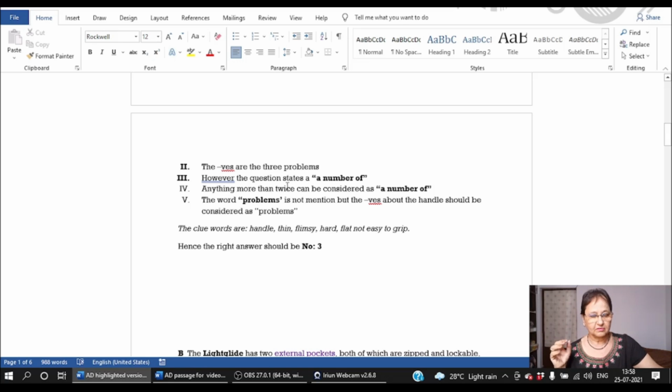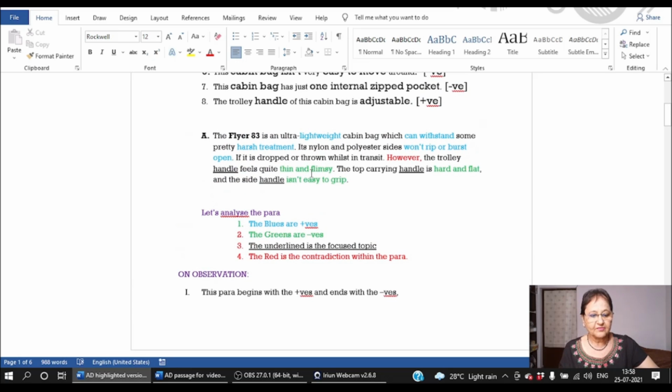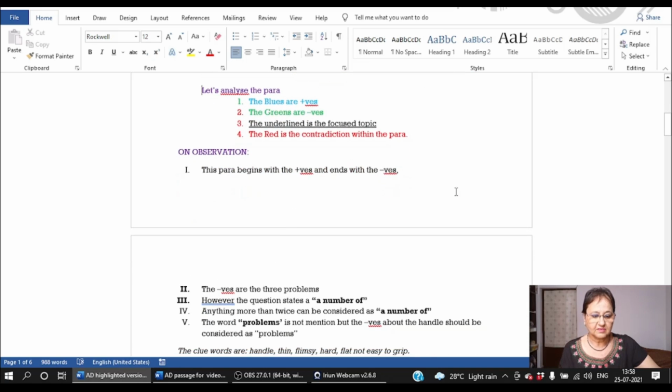No doubt about it. So, if I say a number of people came to my house, it definitely means I got more than 2 people in my house. Okay? So you have to get to the point that a number of is referring to the number of negatives which are in the passage. And how many negatives we have? We have 1, 2 and 3. That's thin and flimsy, isn't easy to grip, hard and flat. Right?